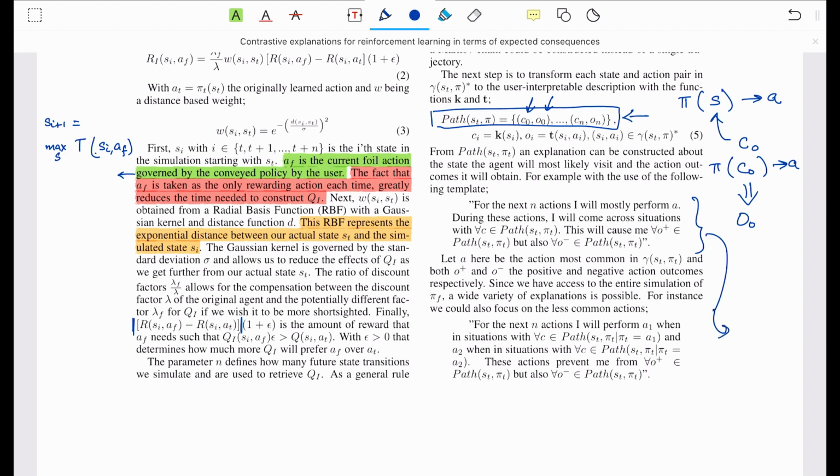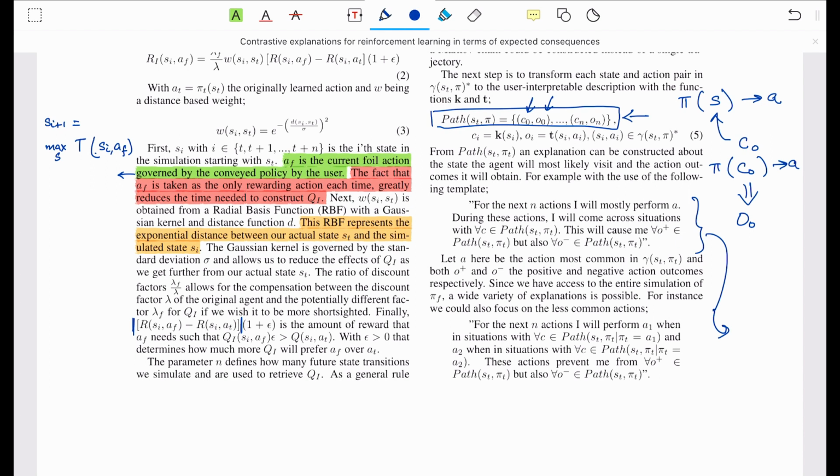So what the agent will explain to the human users is, for the next n actions, I will mostly perform this action A, and during these actions I will come across situations where these concepts will be true, and this will cause outcomes which are these positive outcomes and these negative outcomes.